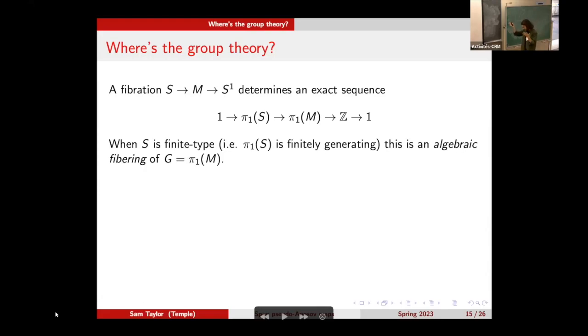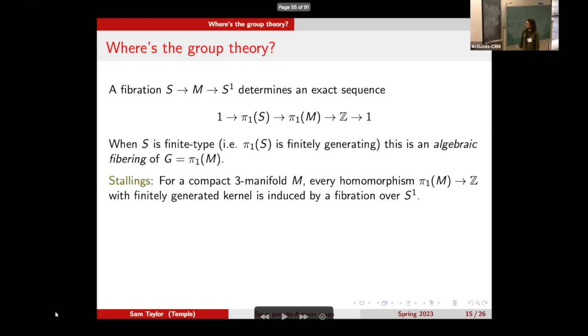And this is maybe the first interesting, surprising example of groups doing this. There's actually more rigidity than that: Stallings proves that for any one of these compact 3-manifolds, maybe irreducible, any homomorphism to Z with finitely generated kernel comes from a fibration over the circle.